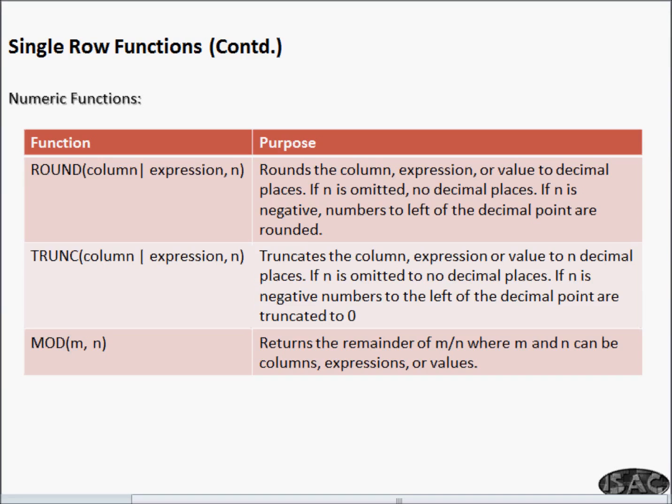It truncates the column expression or value to n decimal places. If n is omitted, to no decimal places. If n is negative, numbers to the left of the decimal point are truncated to 0. Modulo finds the modulo of m and n. If I say here 5 by 2, what is the modulo? 3, right?